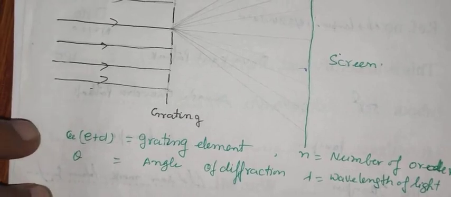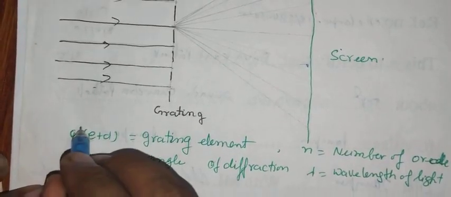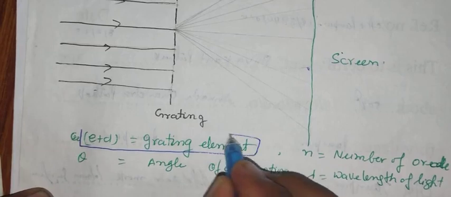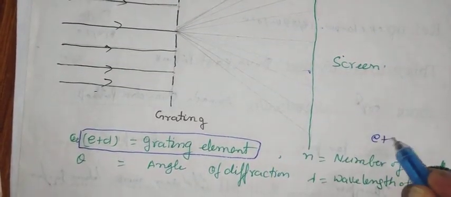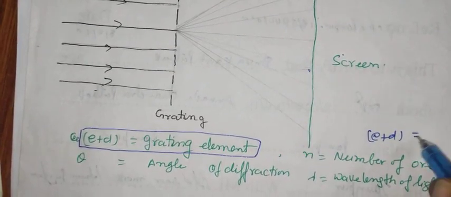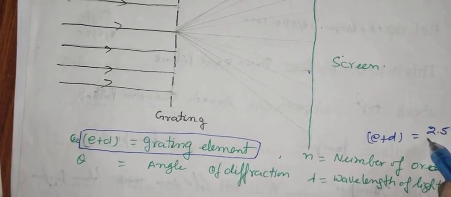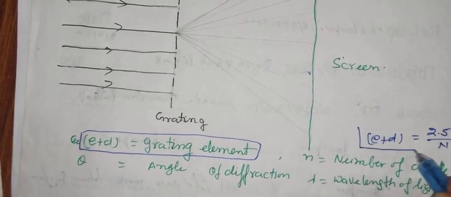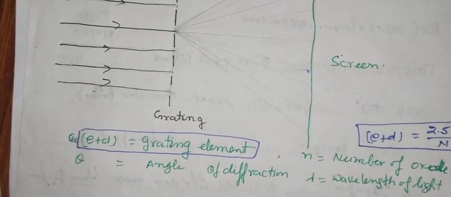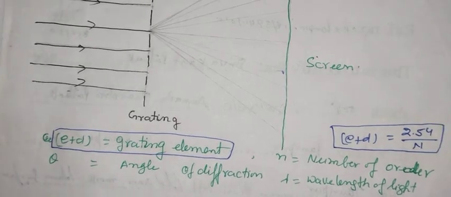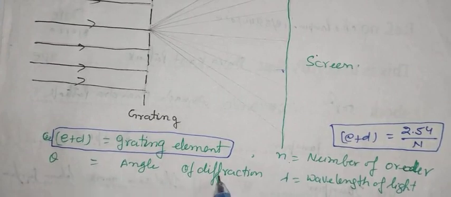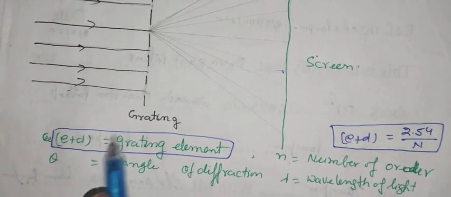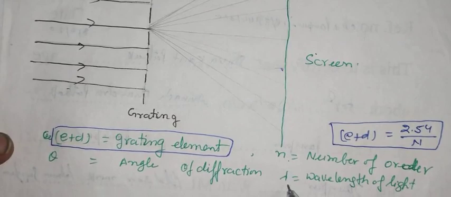Once we have chosen it, (e + d) is a constant, and we know this (e + d) is given by 2.54 divided by the number of lines marked on the grating glass. n is the number of the order, the angle of diffraction is obtained by the experiment, and lambda is the wavelength of light.